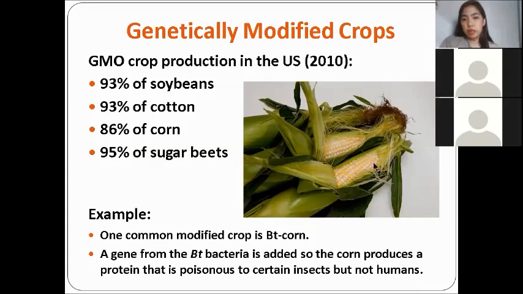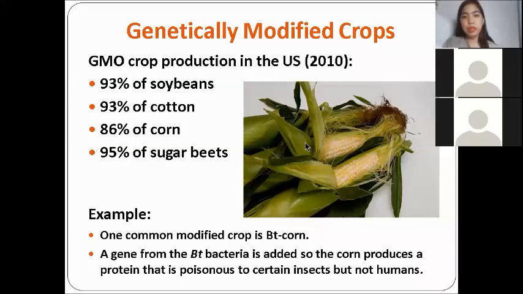Good thing is, poisonous siya sa insect pero hindi sa atin. Why? Because in some countries, their source of food is corn. So, hindi nila pwedeng kainin yun kapag genetically modified siya tapos pwede rin silang malason, di ba? So, good thing is insect lang siya. Hindi kasama yung human. So, imbis na lagyan mo pa siya ng pesticide, this corn can adapt to its environment.